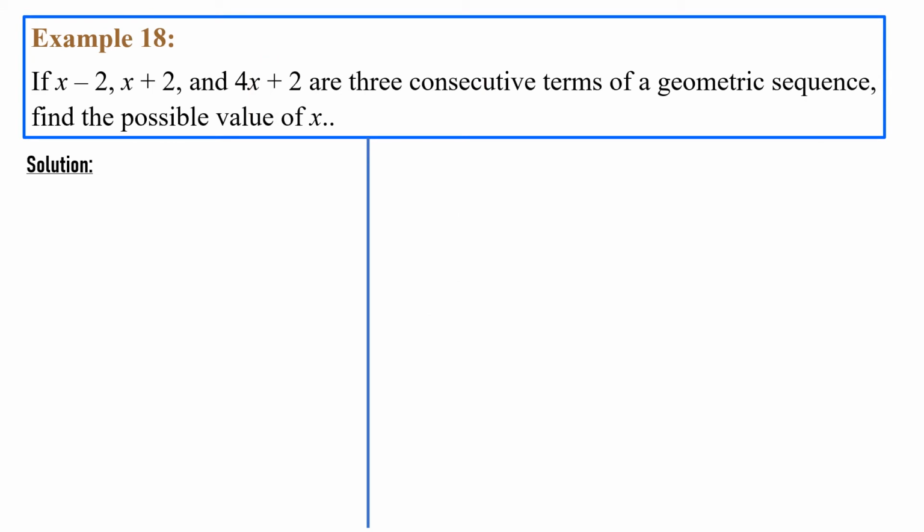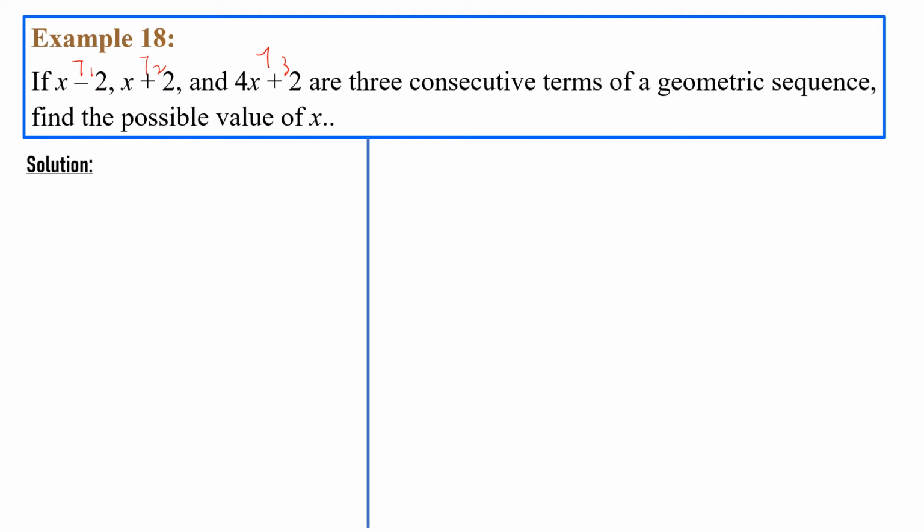Let's try example 18. If x minus 2, x plus 2, and 4x plus 2 are 3 consecutive terms of a geometric sequence, find the possible values of x. We know that x minus 2 is the first term, x plus 2 is the second term, and 4x plus 2 is the third term.